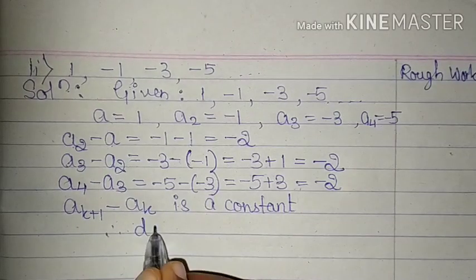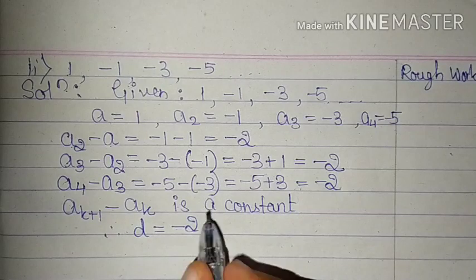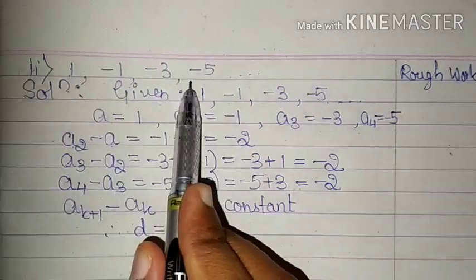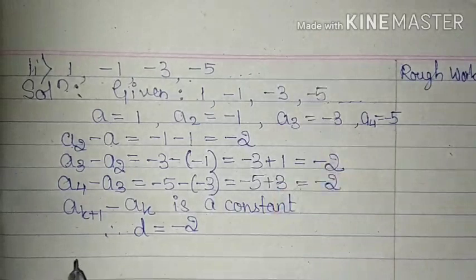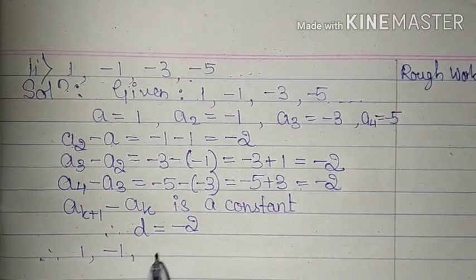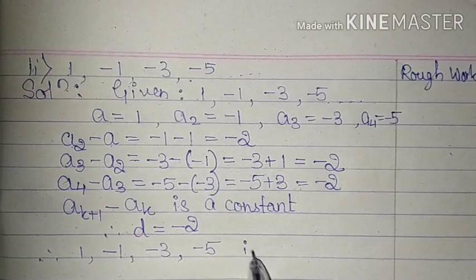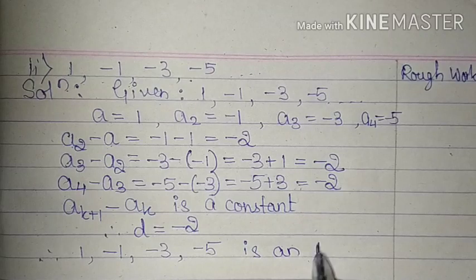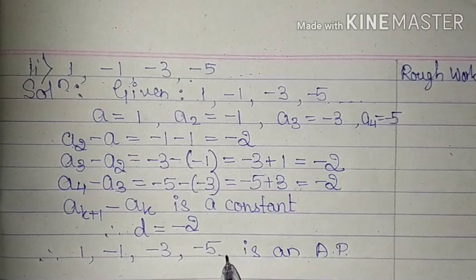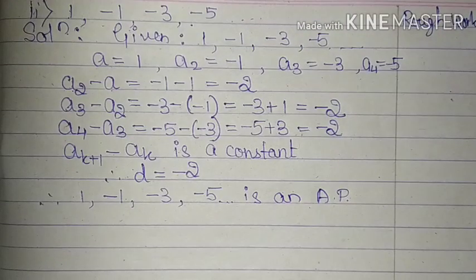Therefore d is equal to minus 2, right? So obviously our given list of numbers is an AP. Let's write it down. Therefore 1, minus 1, minus 3, minus 5 is an AP, right?